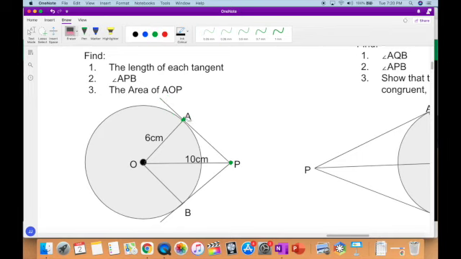So you want to find this and this. What you also want to find is the angle APB. APB is this angle here. And we want to find the area of AOP. AOP is this triangle here.